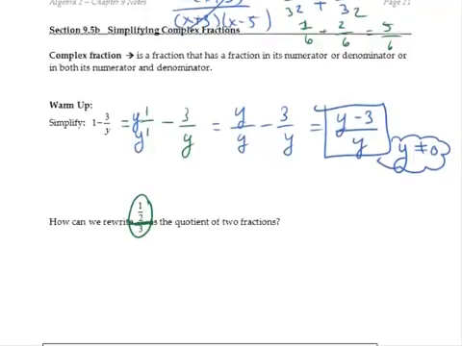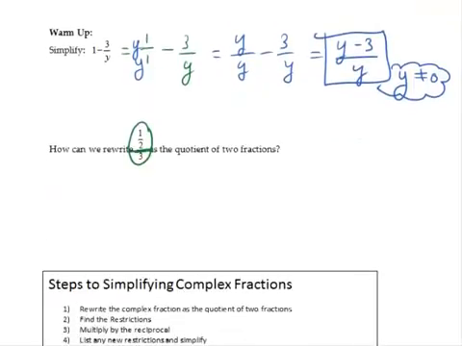What do we mean by a complex fraction? Before we deal with this guy for a second, we're going to think about the fraction 3/4. So when we say 3/4, what are some different ways we could rewrite this? We mean 3 divided by 4.